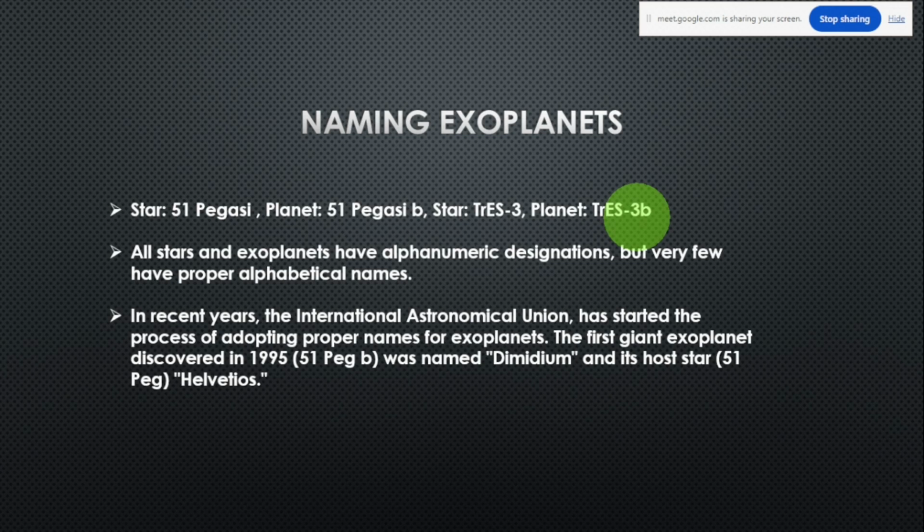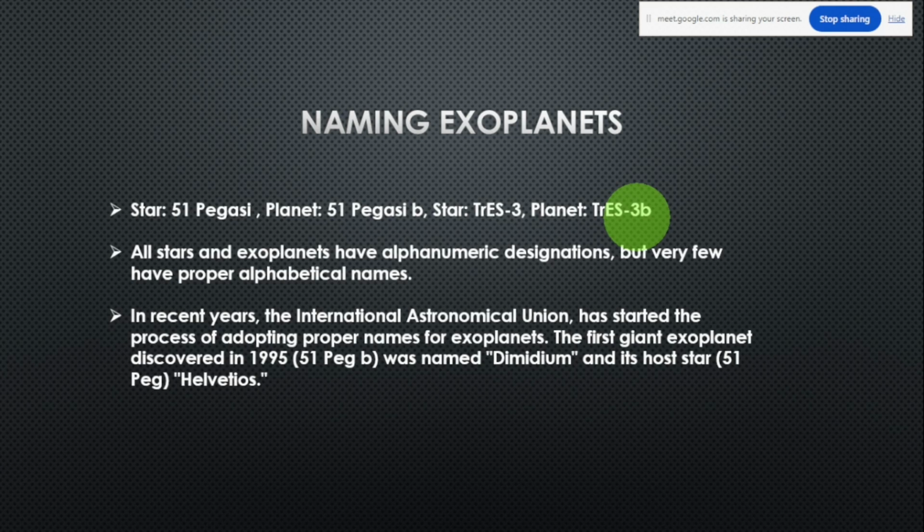Now, all stars and exoplanets have what we call alphanumeric designations, but very few of them have proper names. Like in our own solar system, we have Venus, Mars, Jupiter. That is how we know planets, right? Those are the proper names.